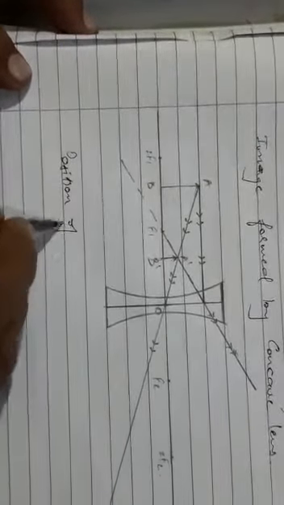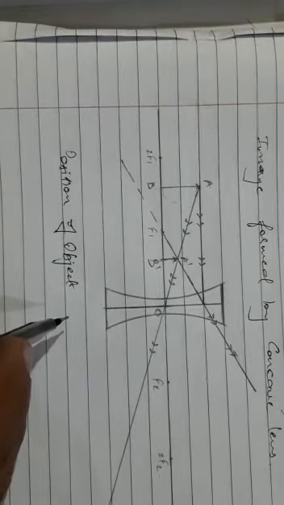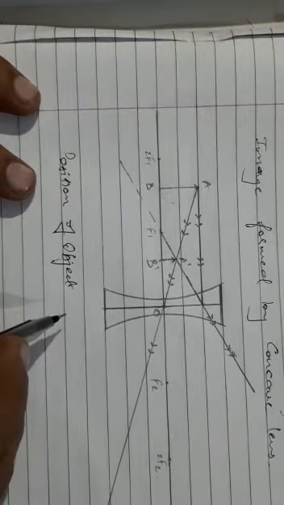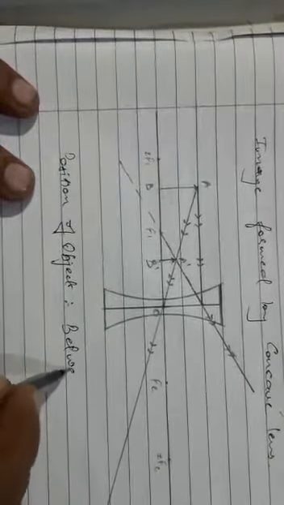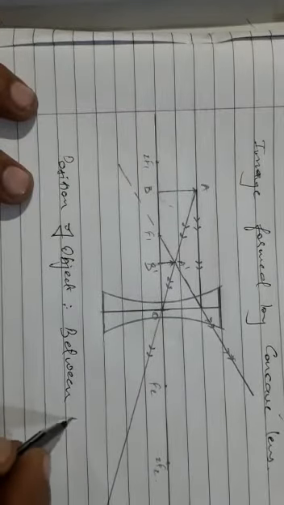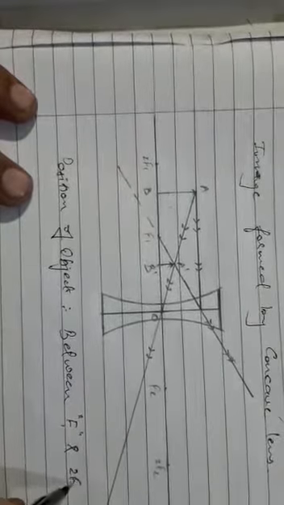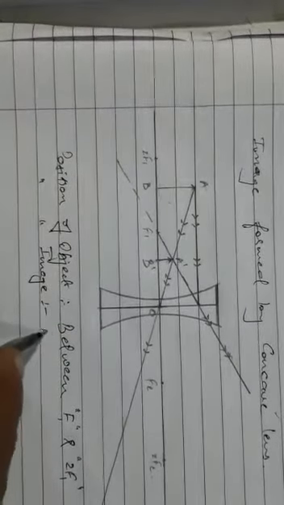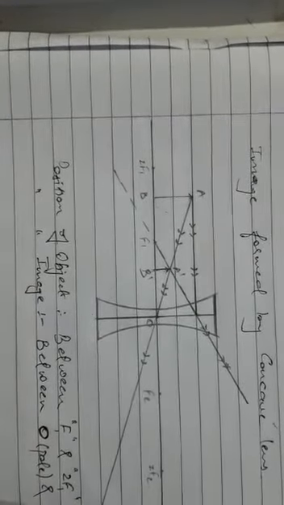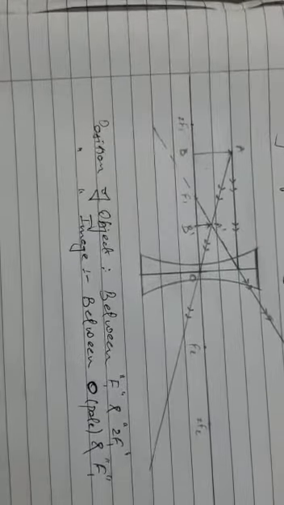Now you write down the position of an object. Position of an object is between f1 and 2f1, and position of image is between O, you can say pole in bracket, and f1, pole and f1.